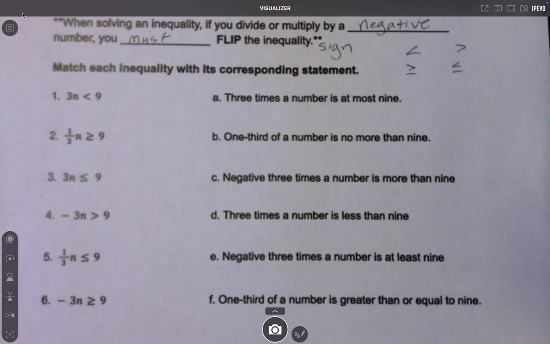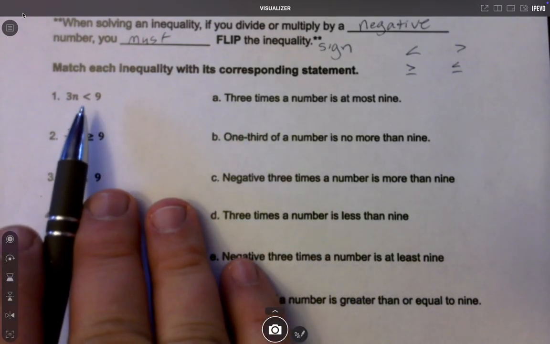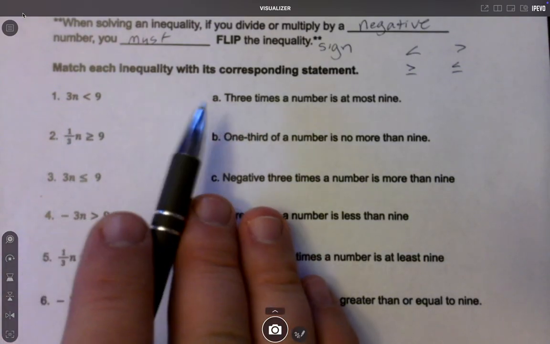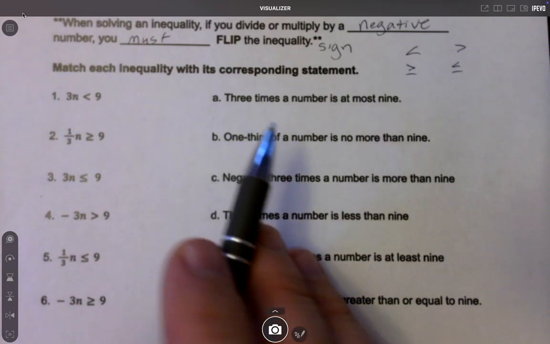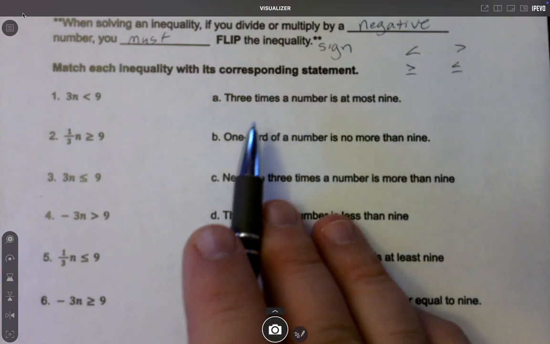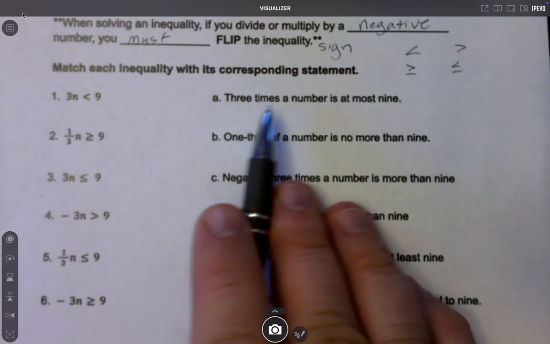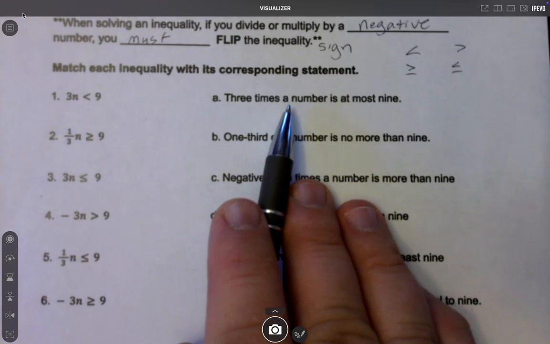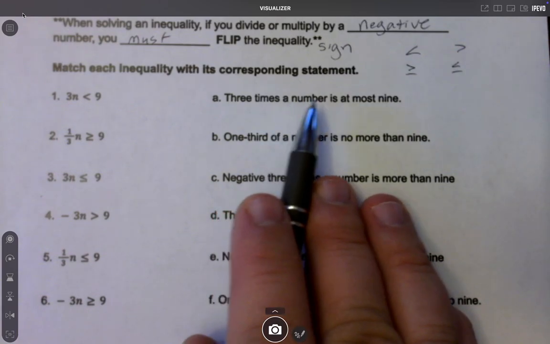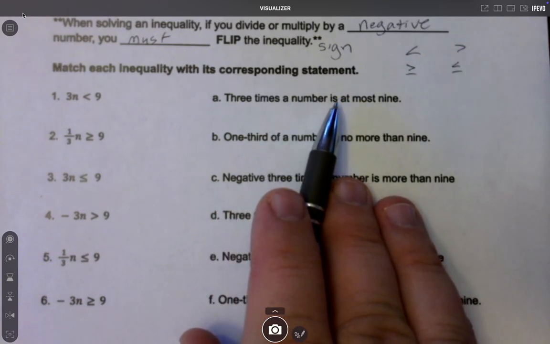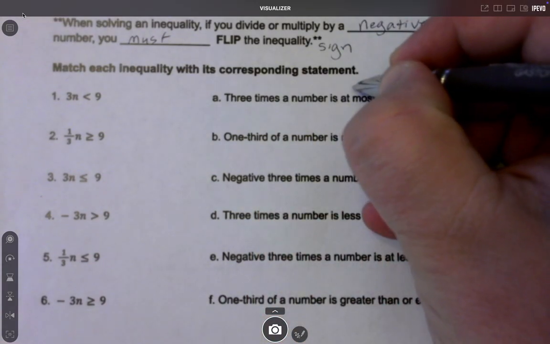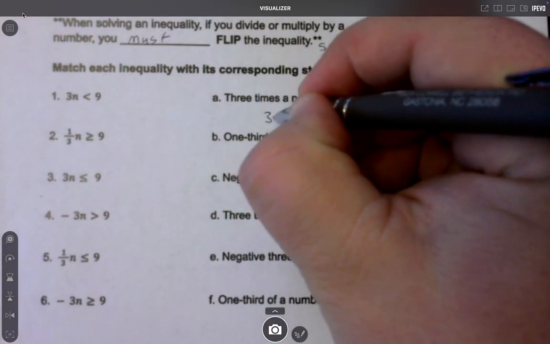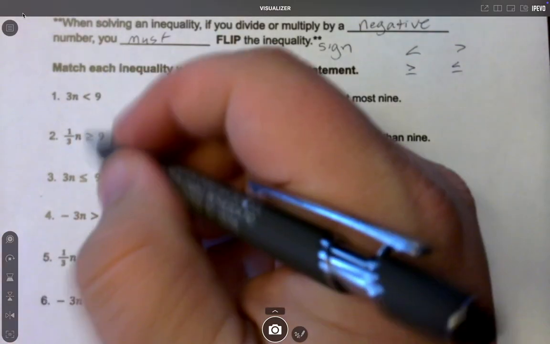Okay? So first, we're just told to match each inequality with the corresponding statement. So we're not having to solve these. We're just trying to see what each of these go with. Okay? So 3 times a number is at most 9. So 3 times a number is obviously 3 times n, they're using n over here.